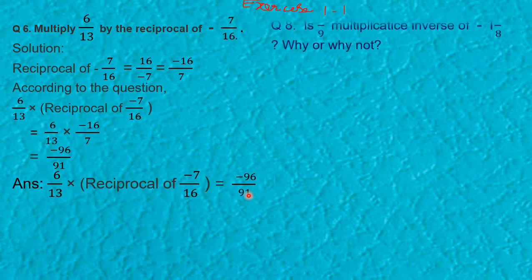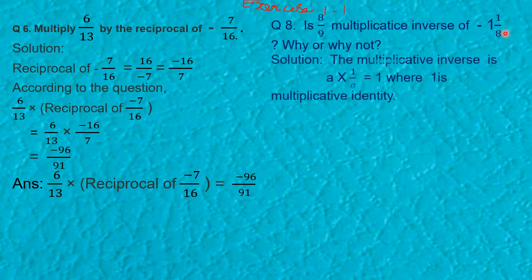Let's take another question, number 8. Is 8 upon 9 the multiplicative inverse of minus 1 upon 8? Why or why not? We have to check whether 8 by 9 is the multiplicative inverse of this number or not. First of all, we know that for any number a, a into 1 upon a becomes 1.